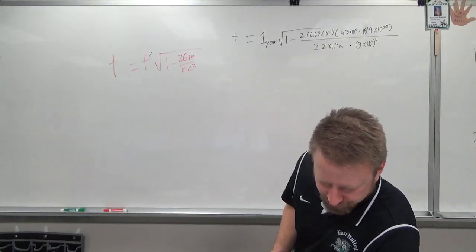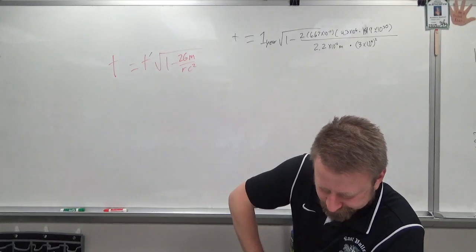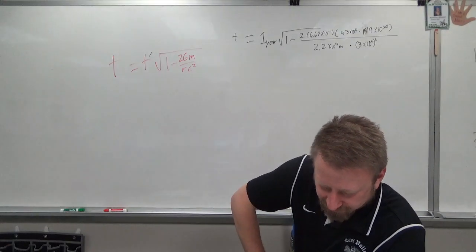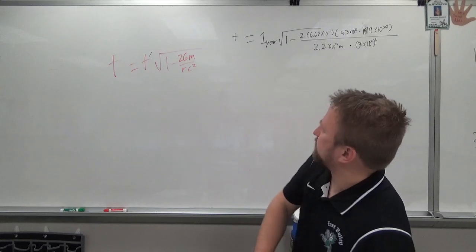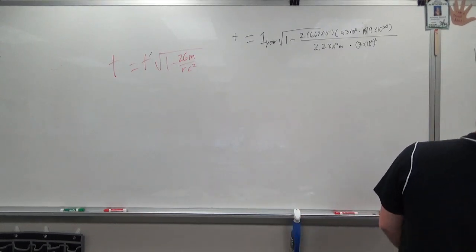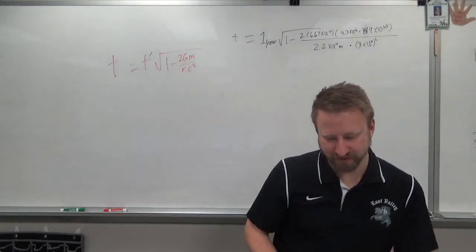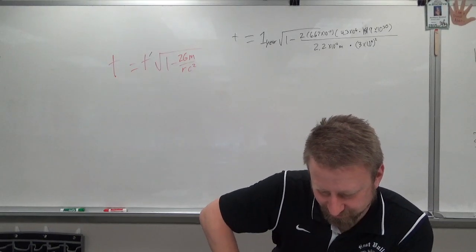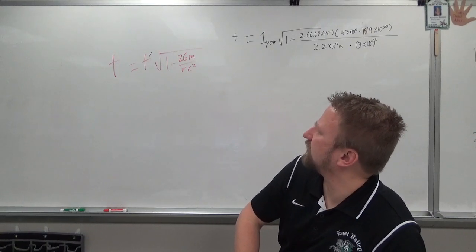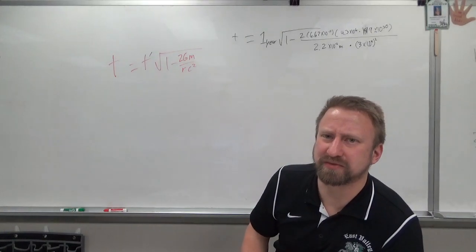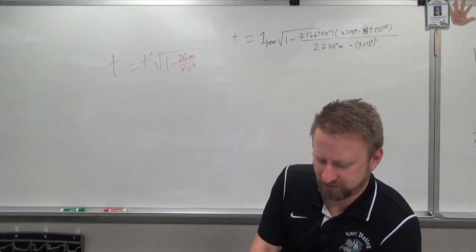Alright. Am I labeling my T's wrong? Well, you live there for 1 year, and that's your... Sorry. I did. I labeled my T's wrong. That was my fault. That was dumb of me.